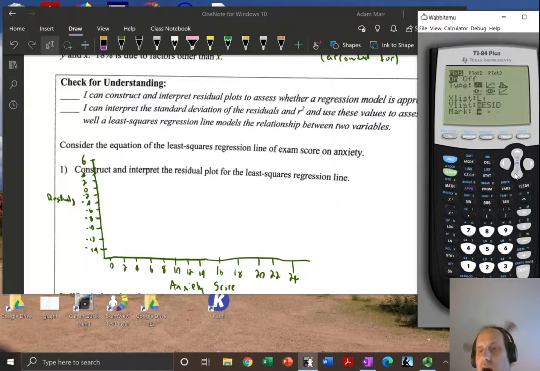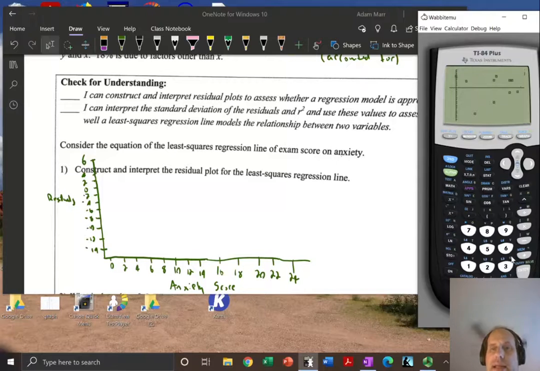For the Y list, to get RESID, the residuals, press second, then the list key on stat, and under names, for item 7, it's RESID. Now go to zoom, and zoom stat, which is number 9. There we go.